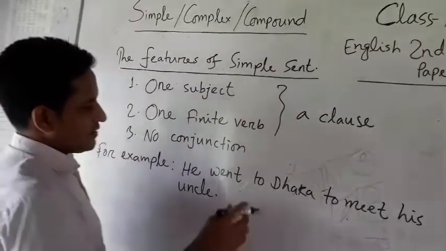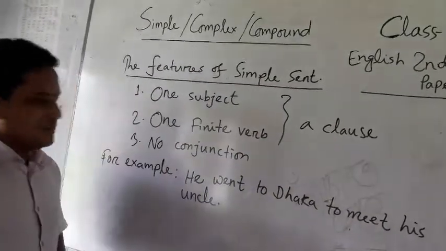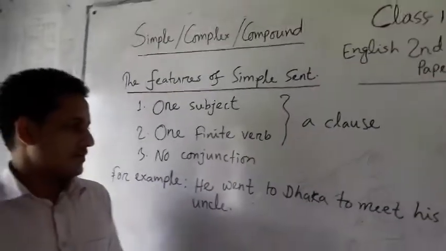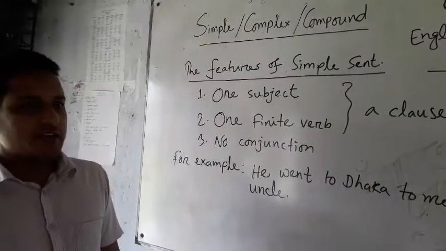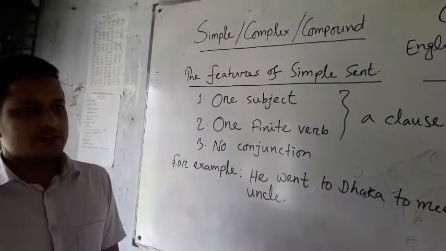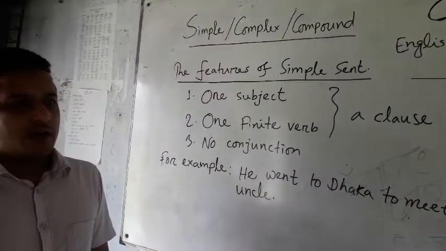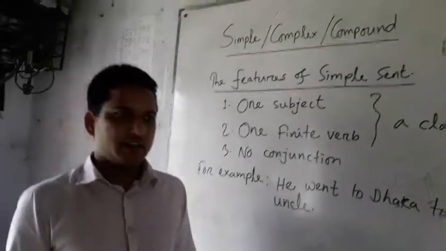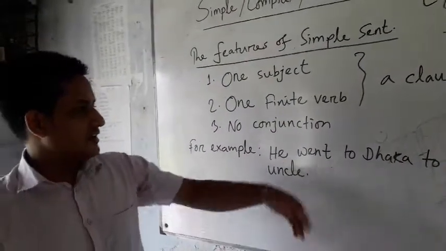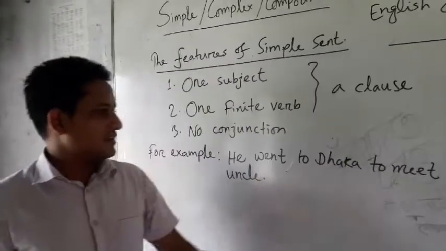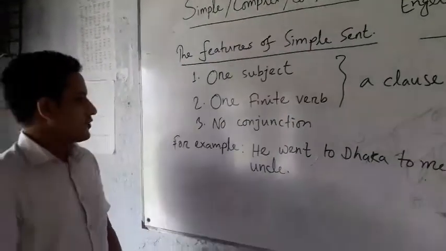You should not write he went to Dhaka to meet with his uncle, because whenever you write meet with, it has a different meaning. Suppose, I met with an accident yesterday, okay? So in that case, you can write meet his uncle, okay?